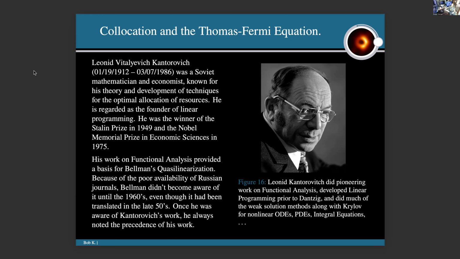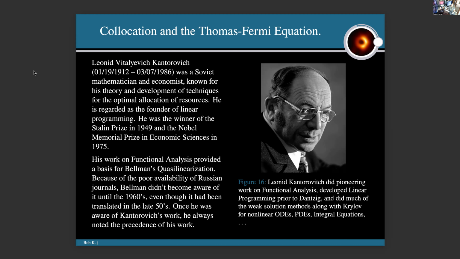Anyway, he worked under Stalin. He did most of the work for allocating all of the resources in Russia for several decades. And in addition to the Nobel Prize in 1941, he was given a Nobel Prize in economic sciences in 1975.